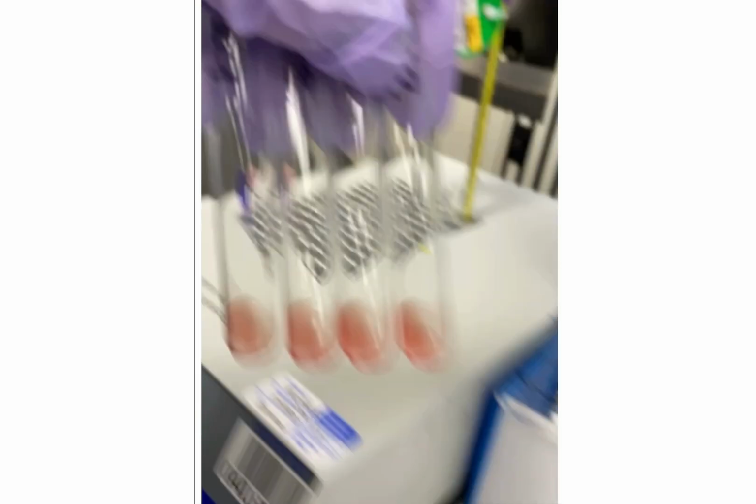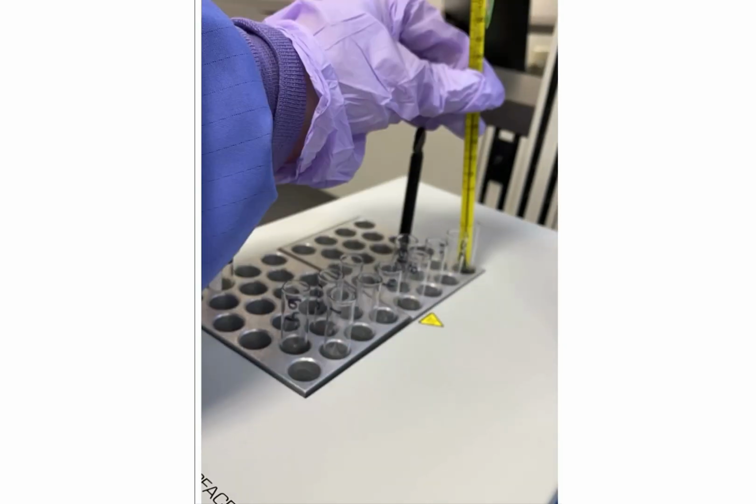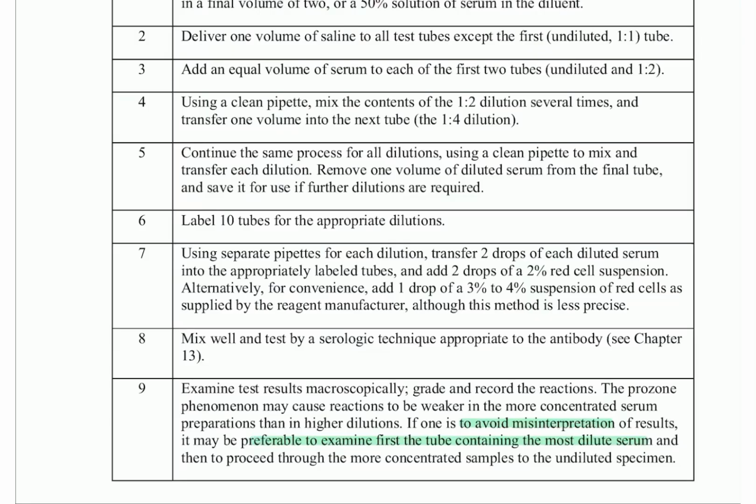The incubation occurs typically at 37 degrees. In the final stages of your titer, to avoid misinterpretation of results, it may be preferable to examine the first tube containing the most dilute serum, meaning you'll read tube 512 first and then work your way down to 1.